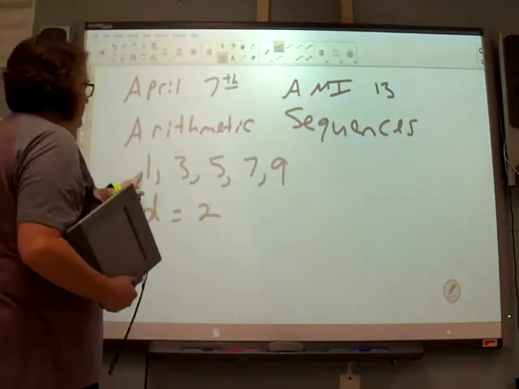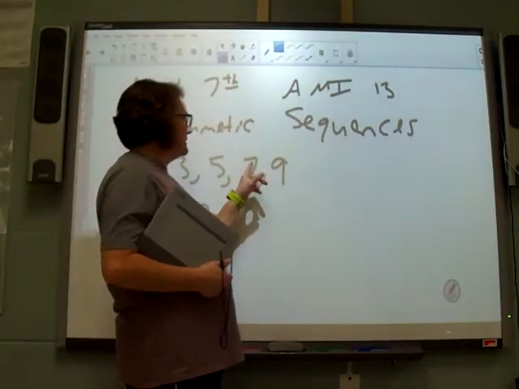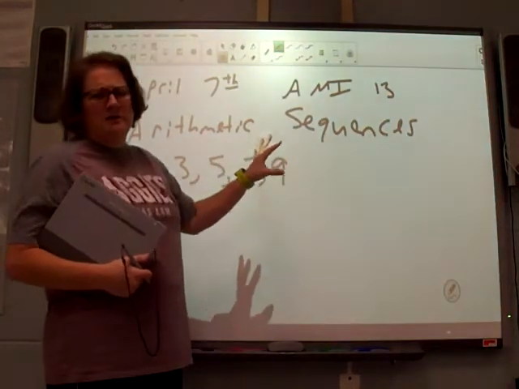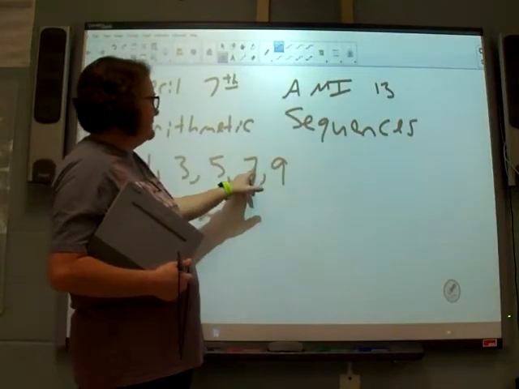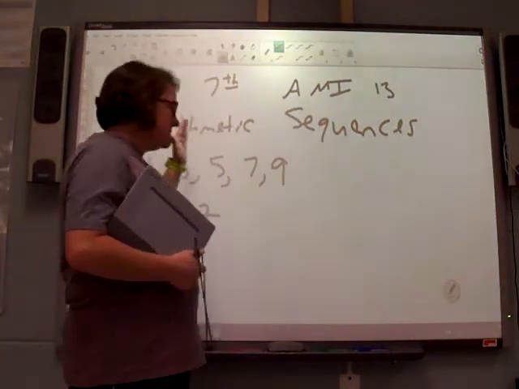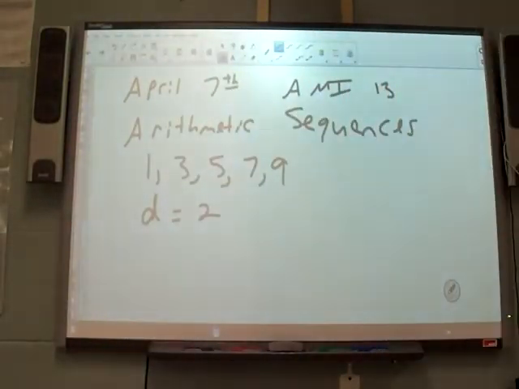Because 1 plus 2 is 3, 3 plus 2 is 5, 5 plus 2 is 7, 7 plus 2 is 9. To go from one term to the next, you're adding 2 every time, and that's easy, no big deal.